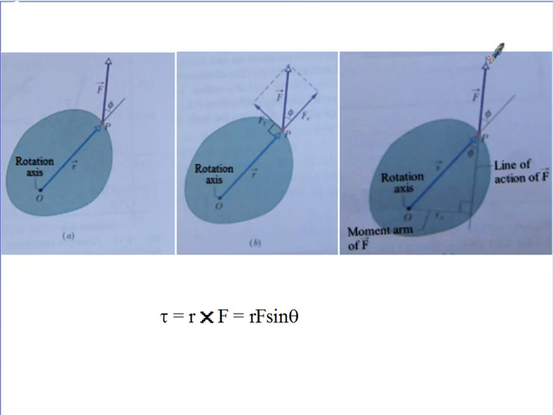They call this the line of action, and this is called the moment arm of that F, where the word moment is used whenever distance matters. It's not just F, but how far away F is that matters.